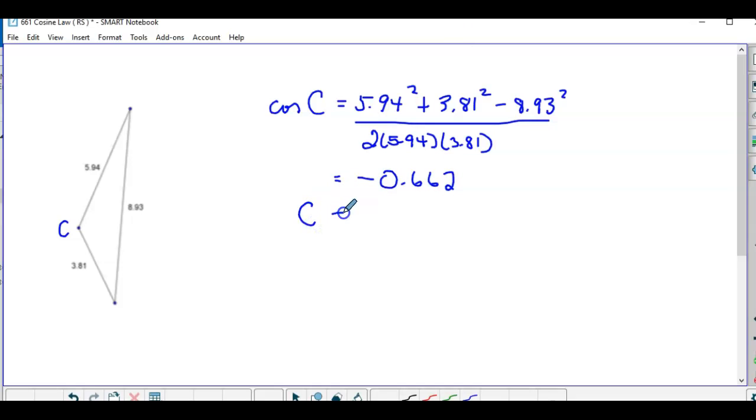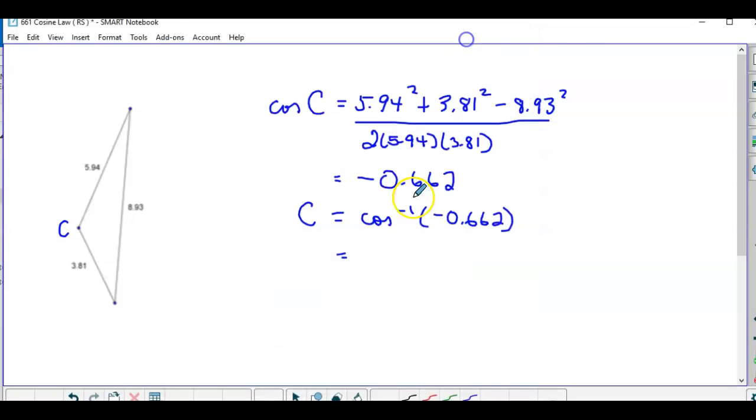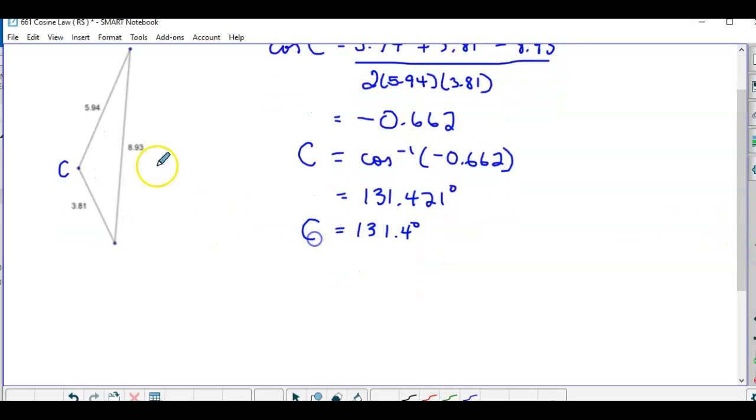So then we did inverse cos of negative 0.662. And then we got 131.421, which rounds to 131.4. Okay. So that's C. And notice how it's bigger than 90, so that makes sense.